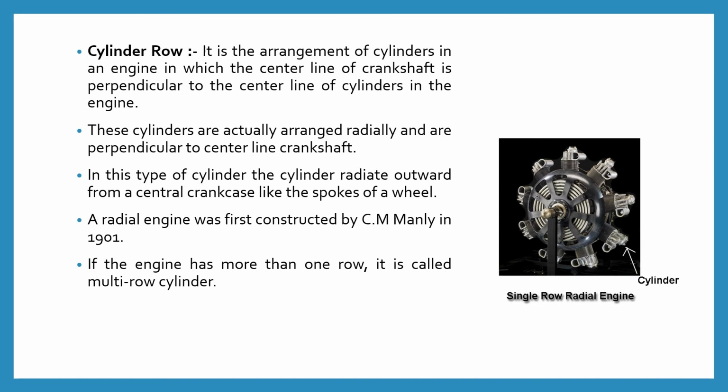Means in the cylinder row arrangement, the central line of the crankshaft is perpendicular to the central line of the cylinders in the engine. These cylinders are actually arranged radially and are perpendicular to the center line of the crankshaft.